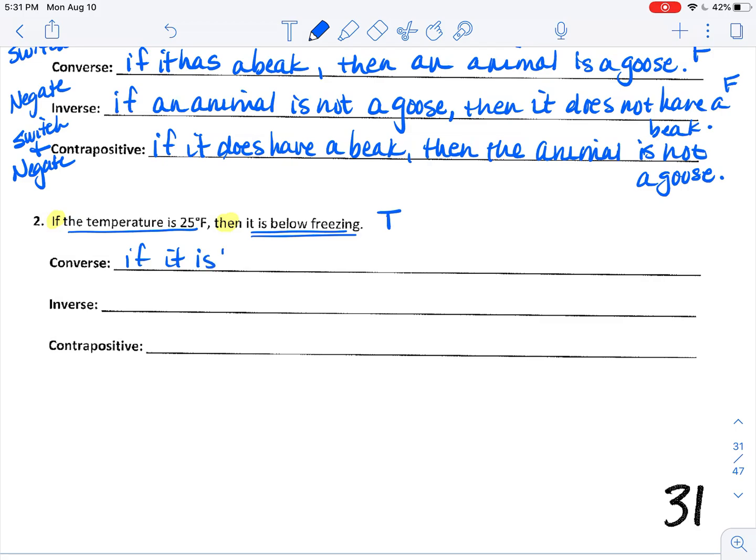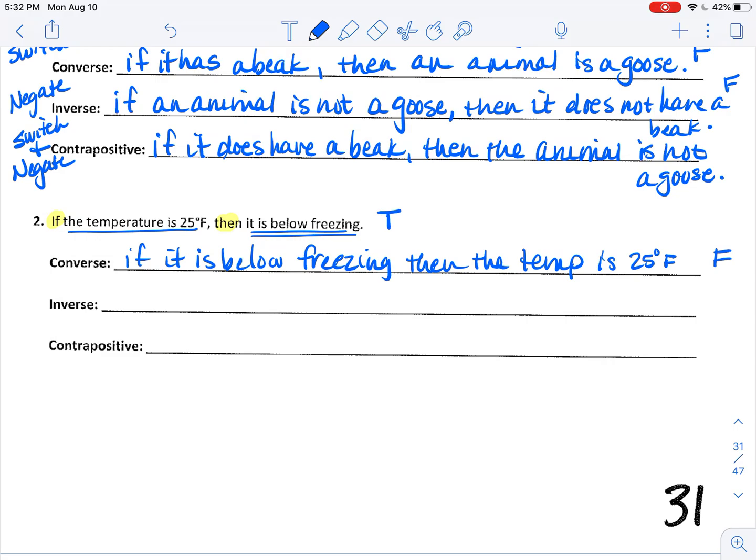If it is below freezing, then the temperature is 25 degrees. False. What if it's 12 degrees?